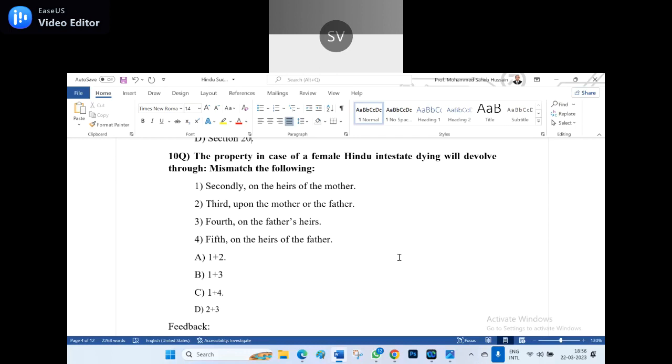Number one, firstly, on the heirs of the mother. Number two, third, upon the mother of the heir father. Number three, fourth, on the father's heirs. Number four, fifth, on the heirs of the father. Answer: A 1 plus 2, B 1 plus 3, C 1 plus 4, D 2 plus 3.